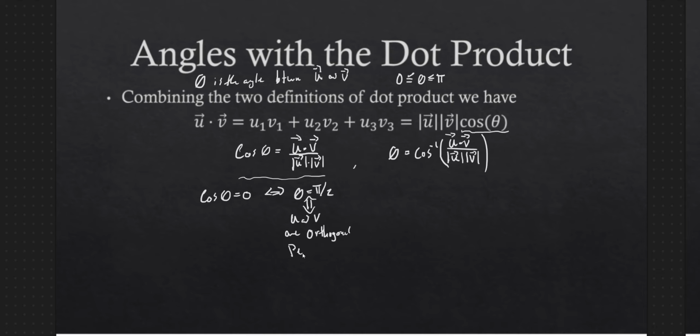So in 2 dimensions, you can think perpendicular. That would be like u going like this and v going straight up, angle of pi over 2 between them. So we can detect right angles with this. Right, so that's one big deal. More on that in a second.